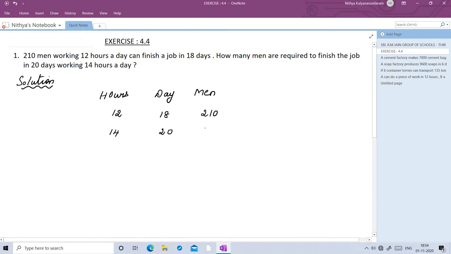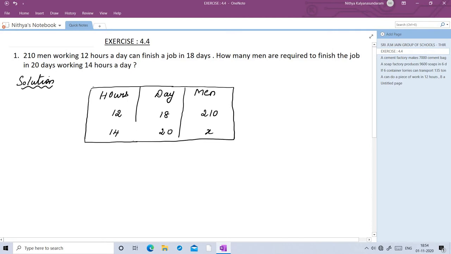Then we want to find out men, so we'll consider it as X. So look at this, hours, days and men. 12 hours, they completed the work in 18 days, so the number of men is 210. Then if the workers are working 14 hours in 20 days, how many men are required, we want to find out.